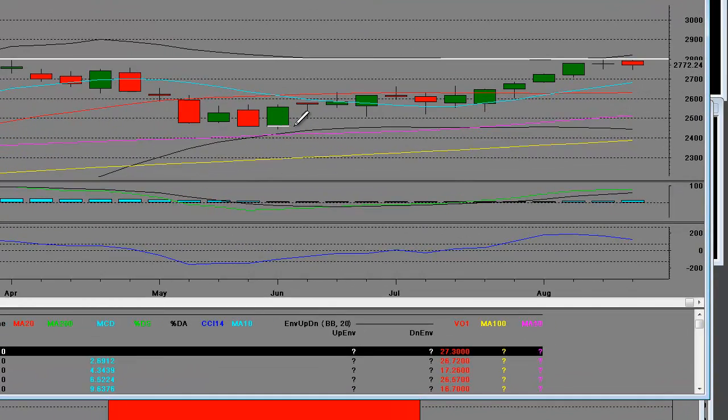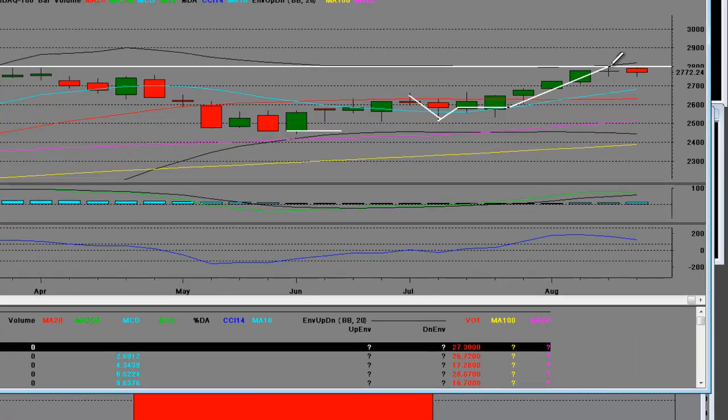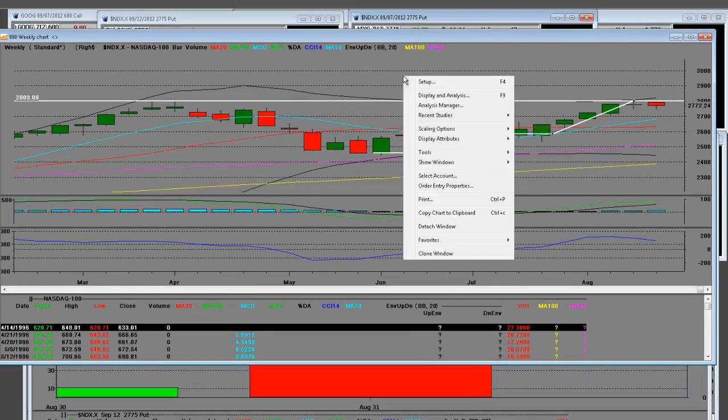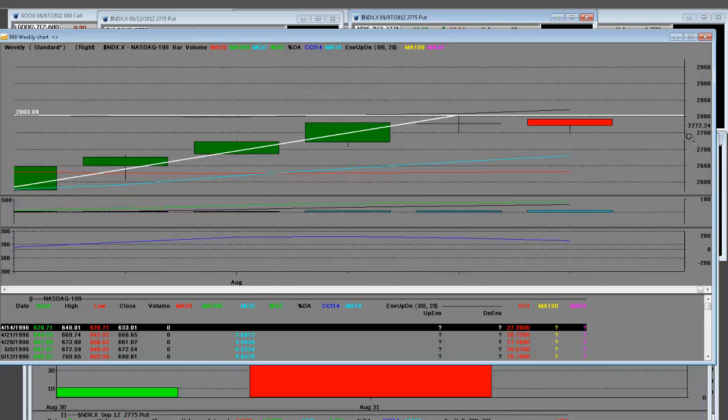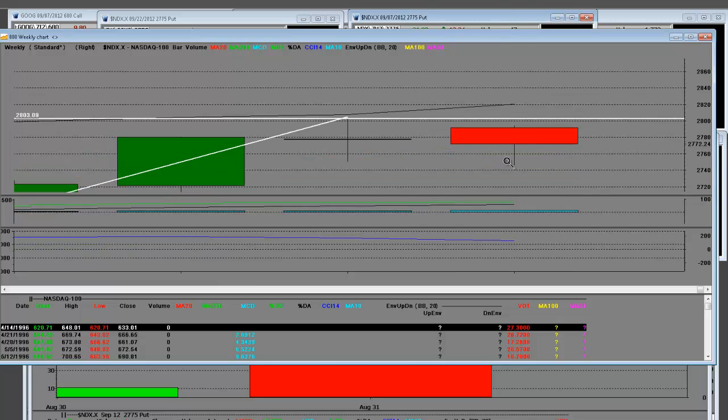Each one of these pullbacks, each one of the weekly distributions early in the cycle, we regained right away, but most importantly we consolidated and broke right back up to these highs again, and we have a weekly distribution in the last calendar week trading day of August right here.